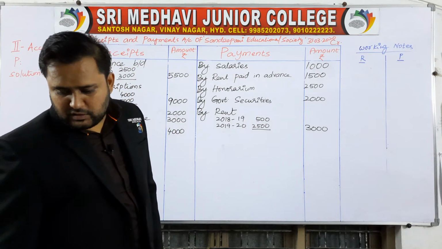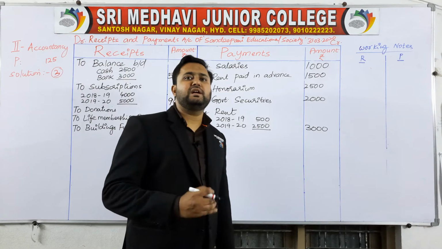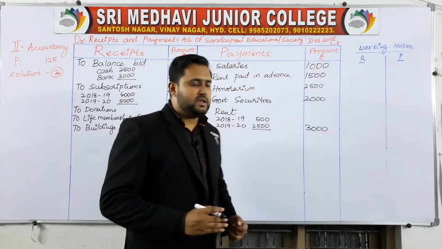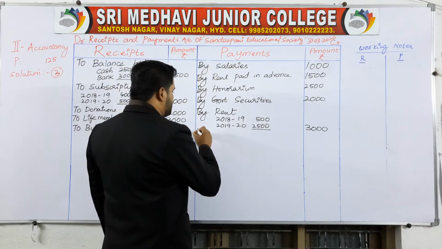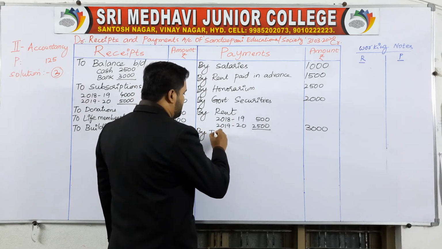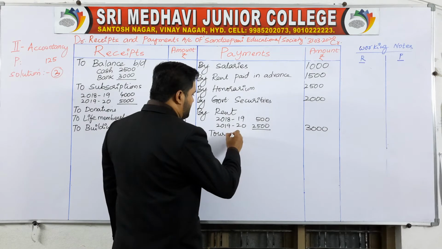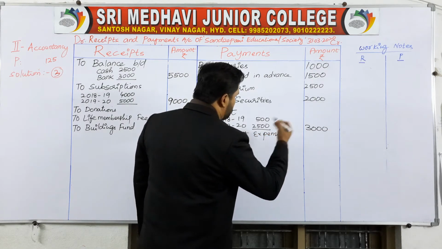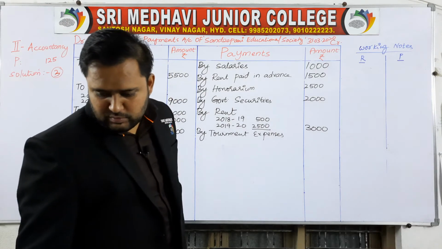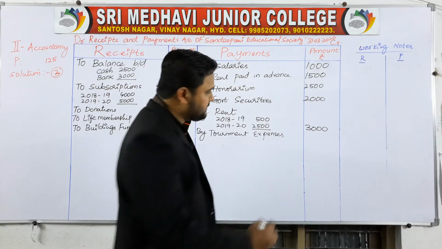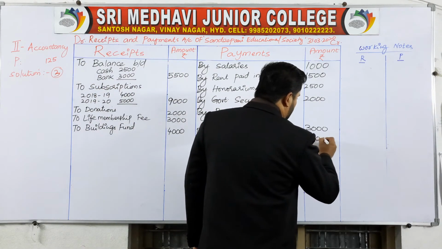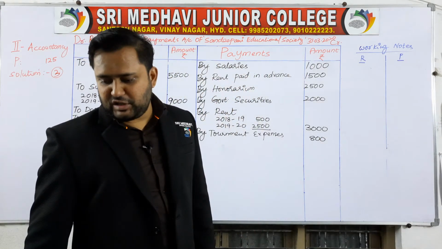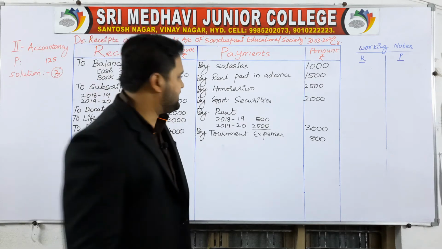What's next? Tournament expenses. Whenever you incur expenses, it means you have made a payment. So here: by tournament expenses. How much is the amount? 800. Next, postage and stationery 500.